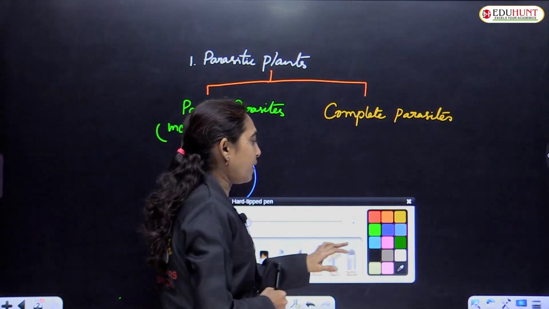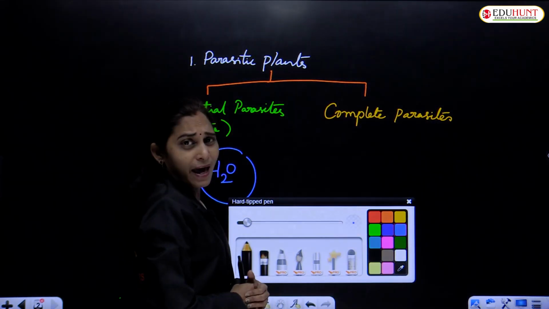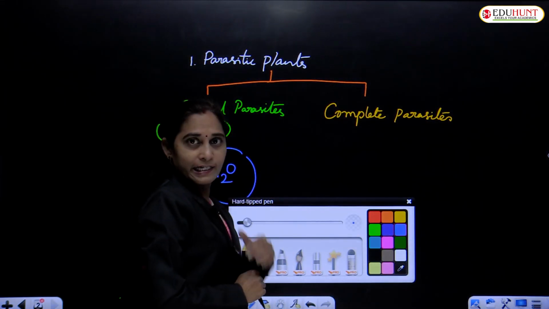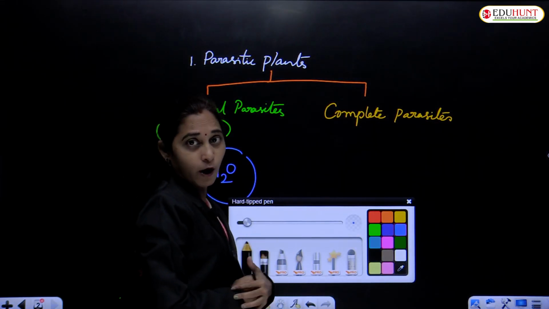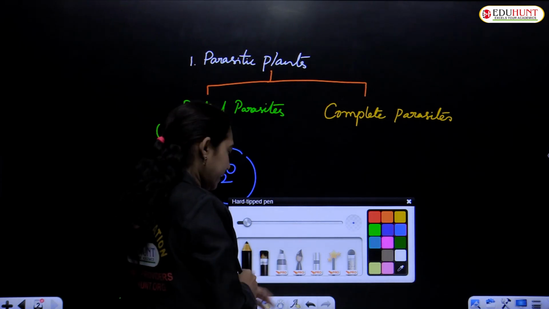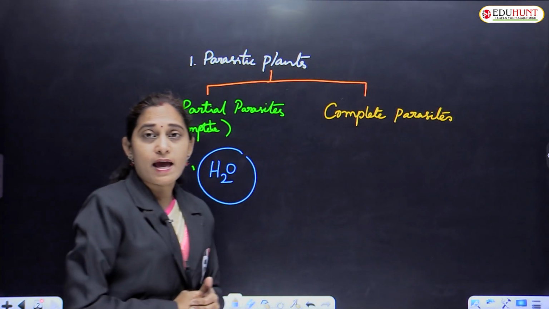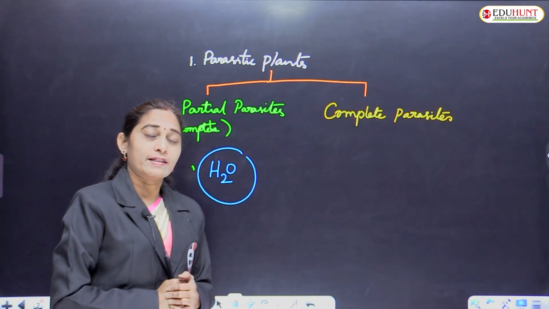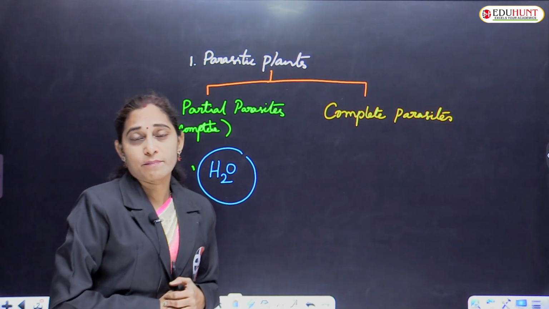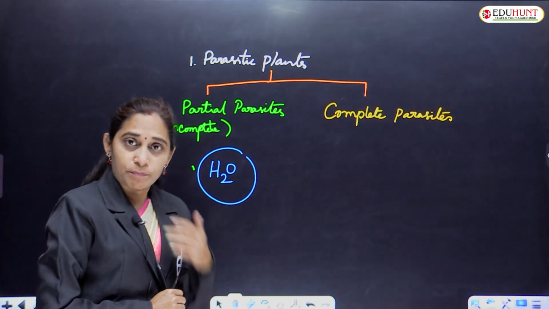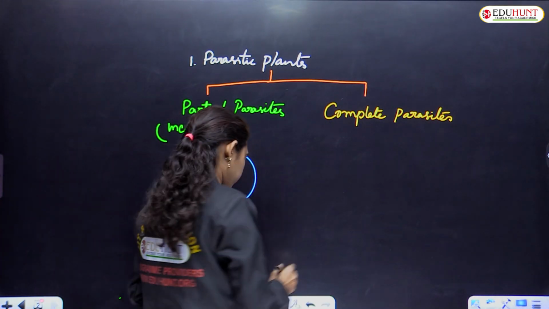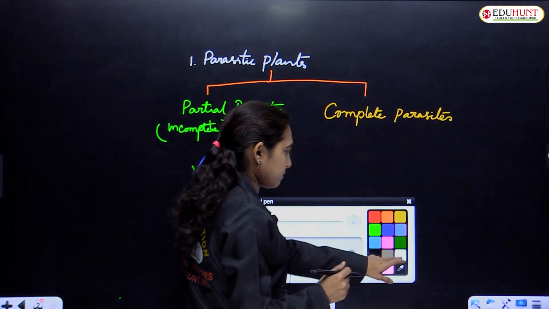But complete parasites are non-green in color, pale or yellow in color. They take water as well as food directly from the other plants, called host plants.